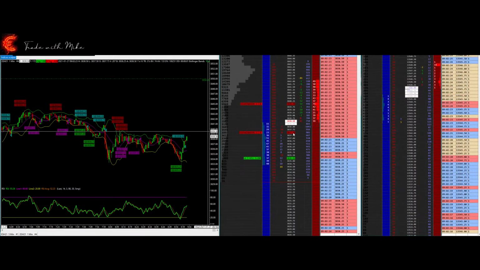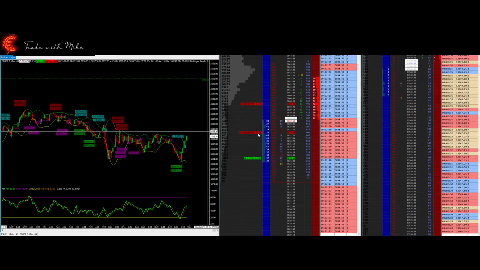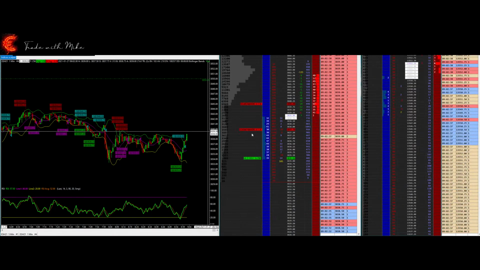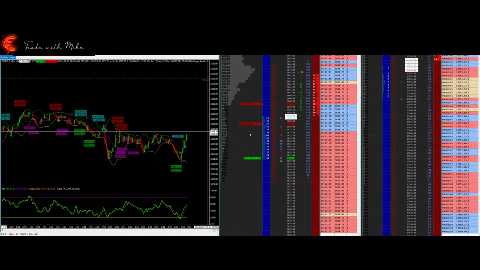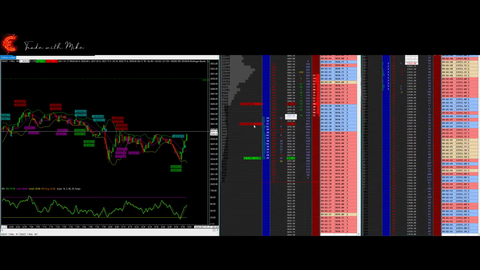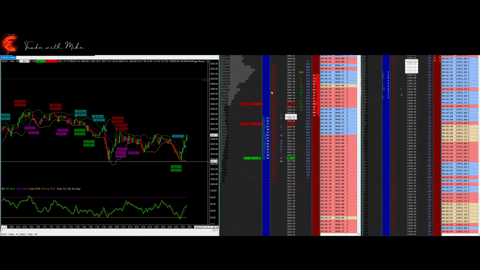So that's 2.25 of a handle. 9 ticks. One handle is 4 ticks, so 1 full point. So that's 2.25 of a point. 2.5 points. You see, even when I move, it shows you 2.5 points, 2.7, 3 points. So that's 3 handles. My stop loss is 3 full handles, and it still has some potential to go even higher.